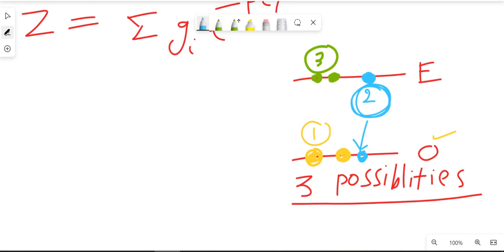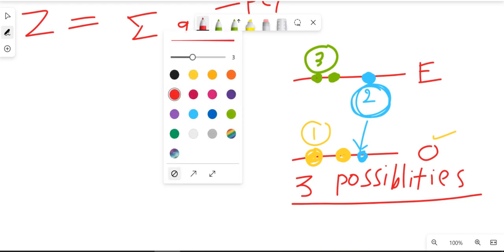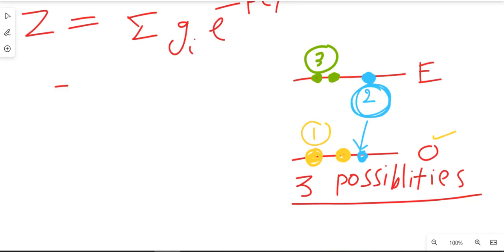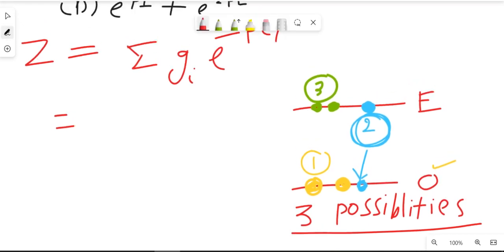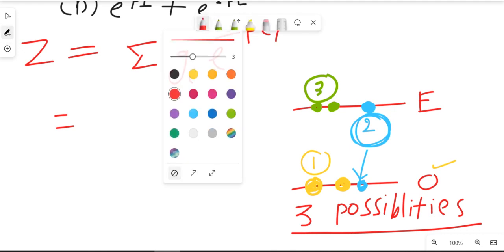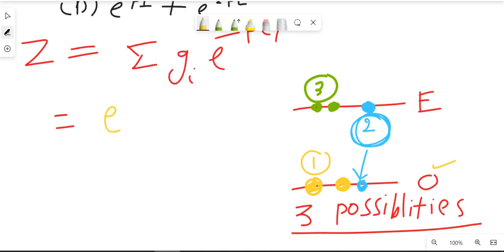So now I write the partition function. In the first case both are in the zero energy level. So what will our summation be? That will be e raised to minus beta times the energy, and for the first possibility, the yellow state, the energy is 0.